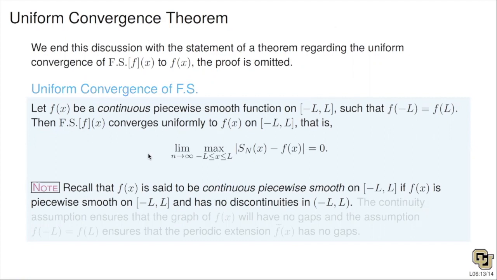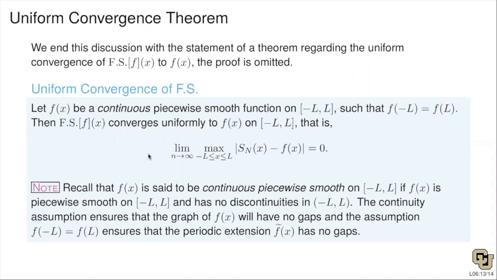We won't prove this, but it is a stronger uniform convergence theorem for Fourier series. So if f(x) is continuous piecewise smooth, then we get really nice convergence. And that's not too much to ask.